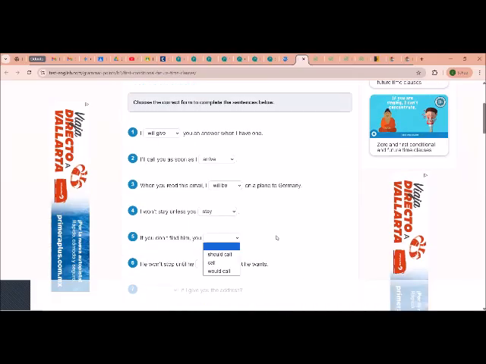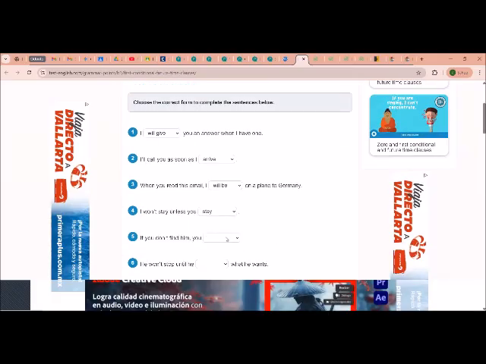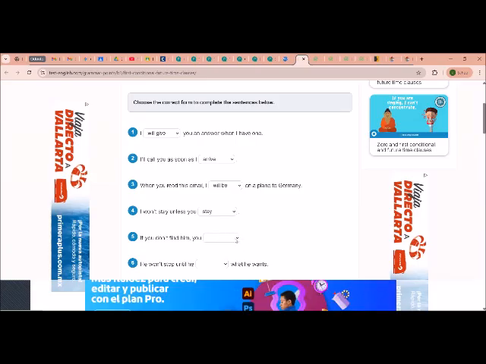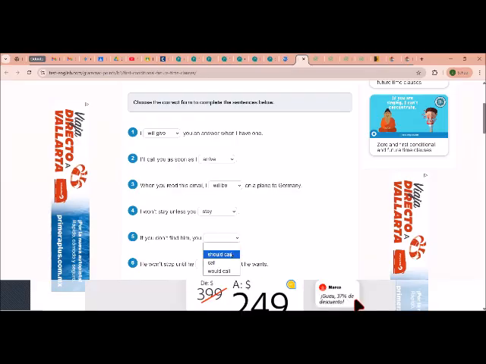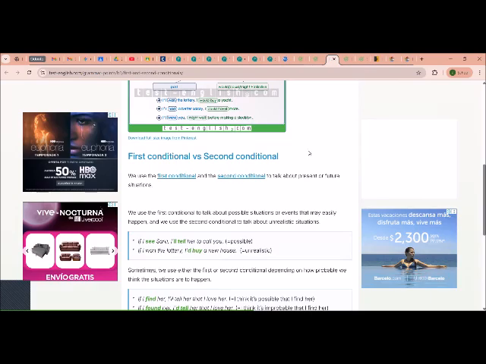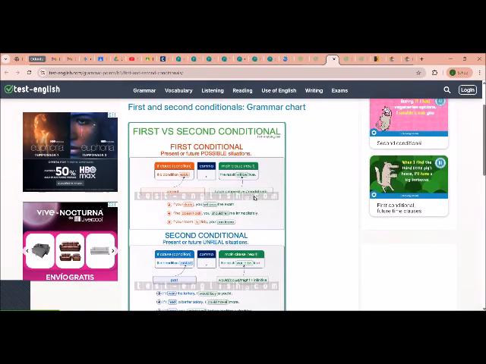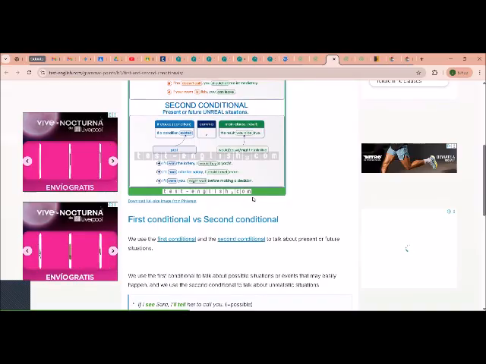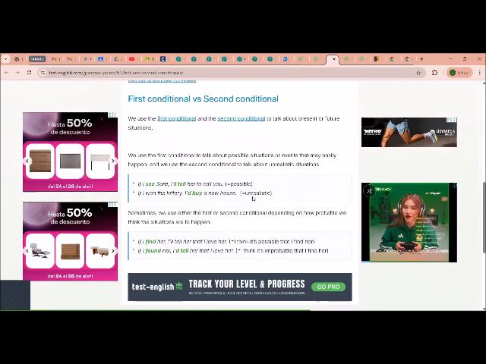Yes. If you don't find him, you will call. All right. All right, remember, be super careful with your choice of modals. For the first conditional, you can use will.